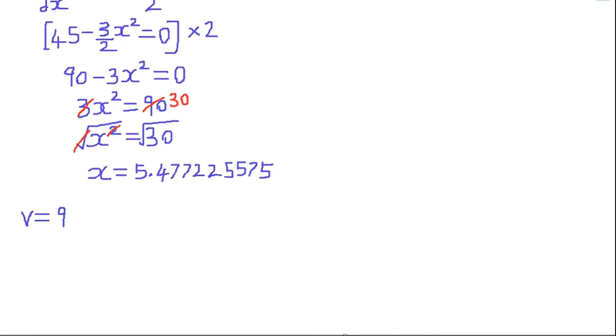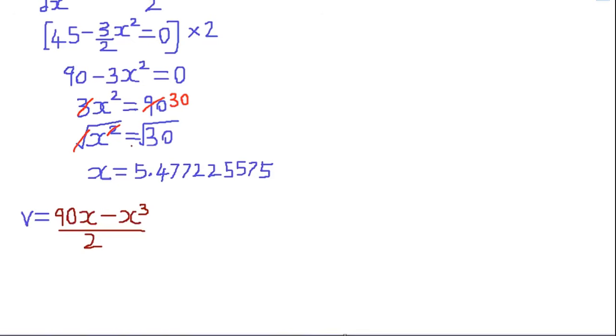So where there is x in that expression of v, we have to replace it with that value of x. The expression was v is equal to 90x minus x cubed over 2. Upon writing that, you have to replace where there is x with the value of x which we found.